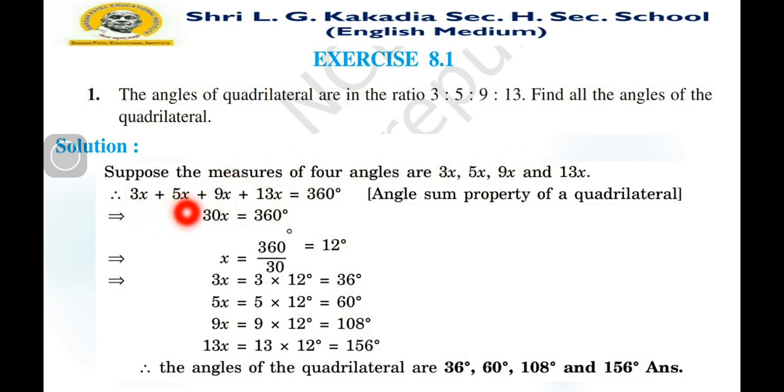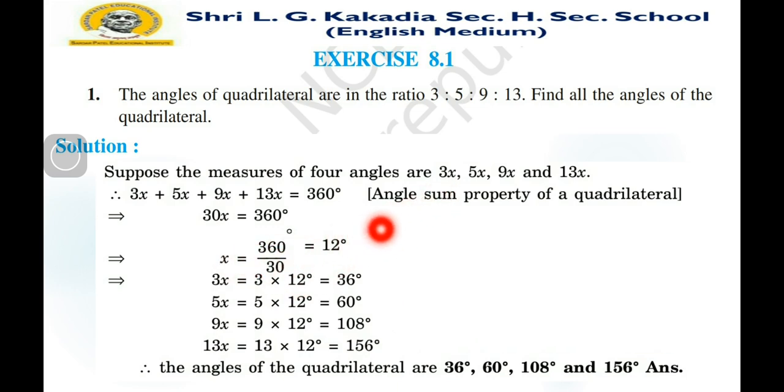So 3 plus 5 is 8, plus 9 is 17, and 13, that is 30x, which is 360. Now we want to find the value of x. So we make x the subject: x is equal to 360 upon 30, which is equal to 12 degrees. So the value of x is 12 degrees.